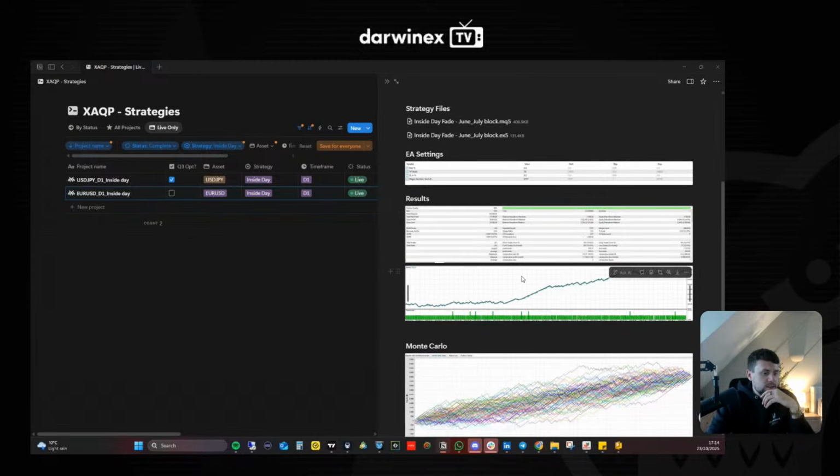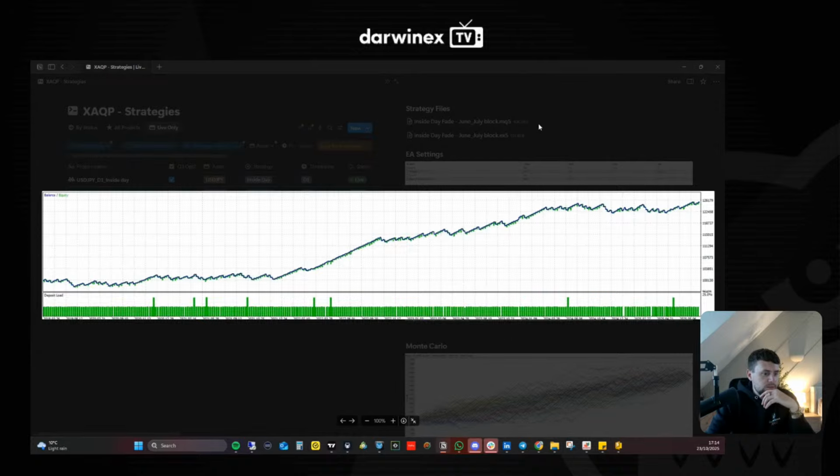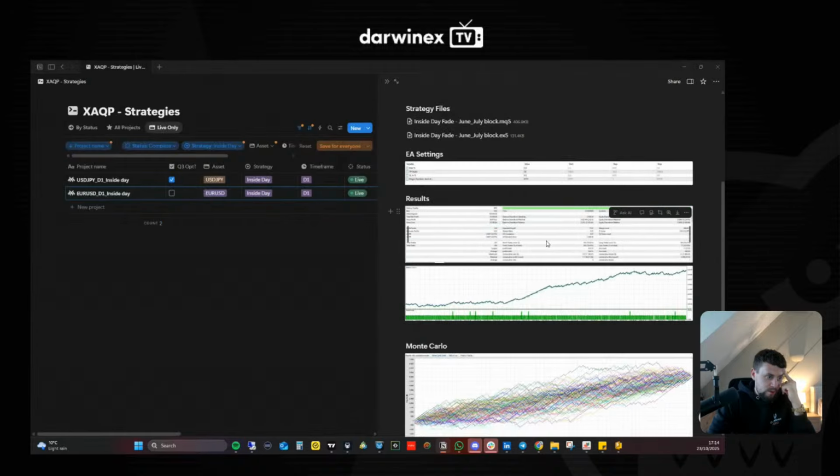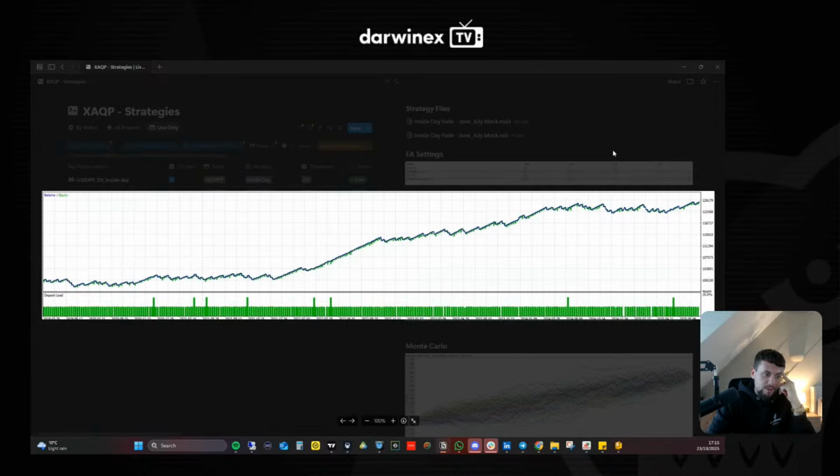So this is the original curve. I was testing this earlier today. It's an absolute nightmare. I might even drop this as a strategy. It's got a really low risk to reward of like 0.3, so it has an extremely high win rate, but it's just not the best system in the world.